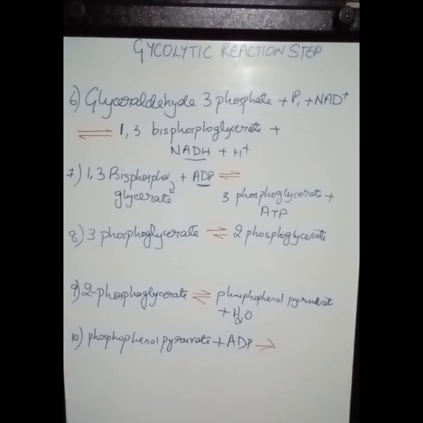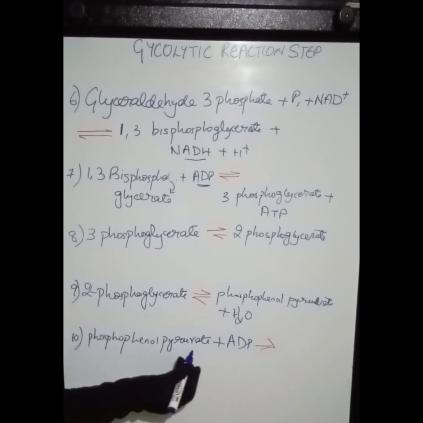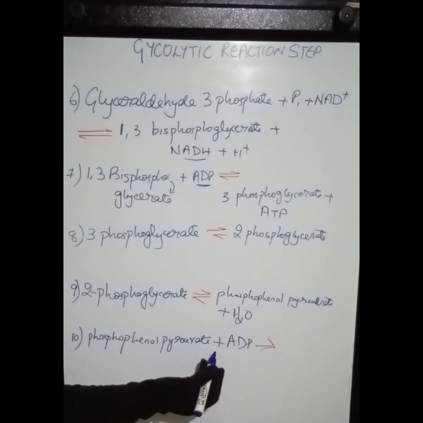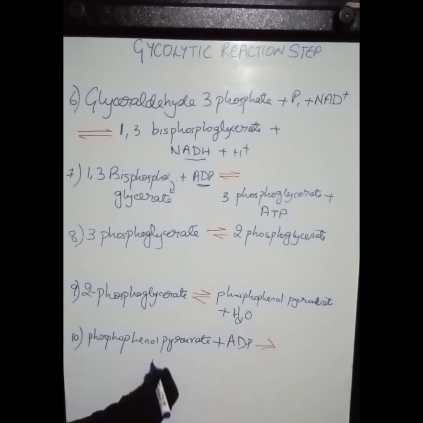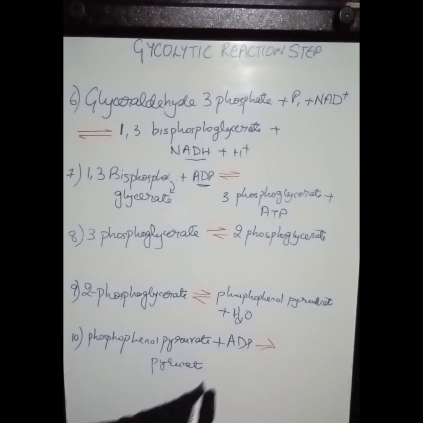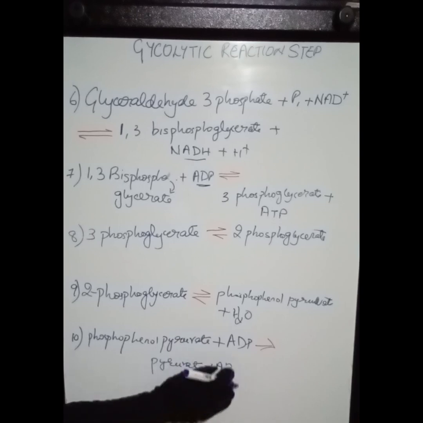Now this phosphoenolpyruvate takes in ADP to produce pyruvate plus ATP.